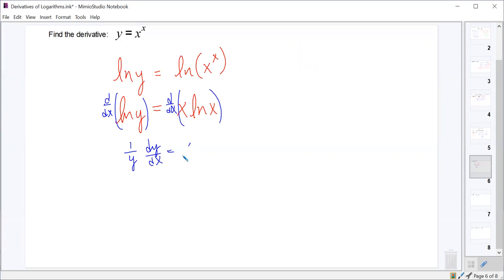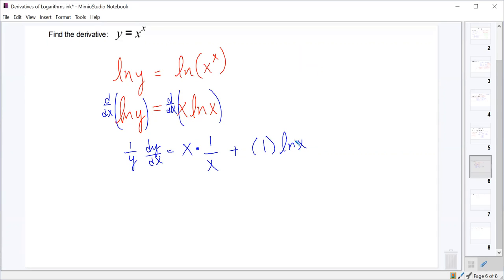Product rule, good. So that'll be x, and then times the derivative of natural log of x, which is 1 over x, just from a few minutes ago, right? Plus derivative of x, which is 1 times natural log x.